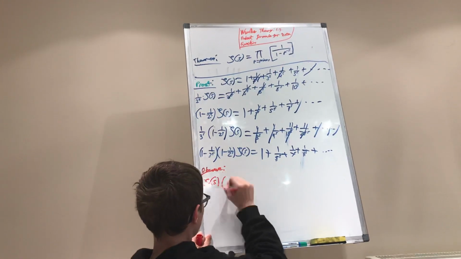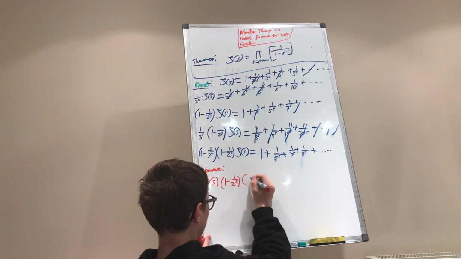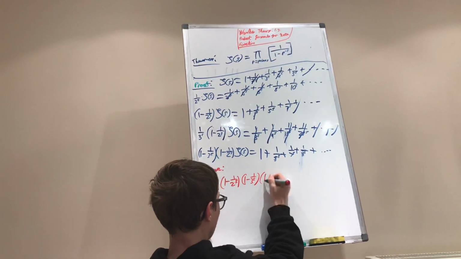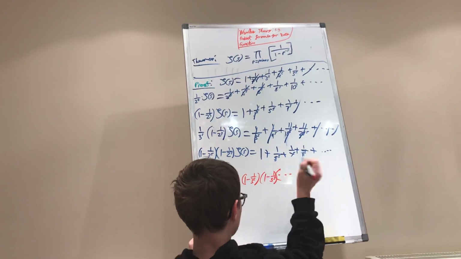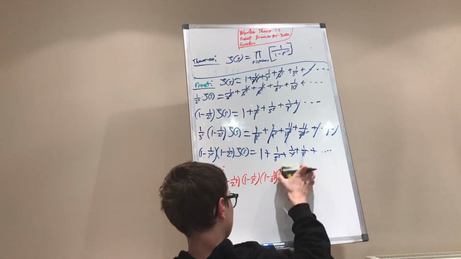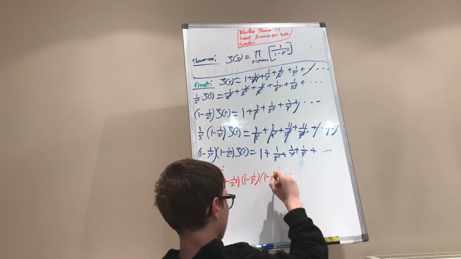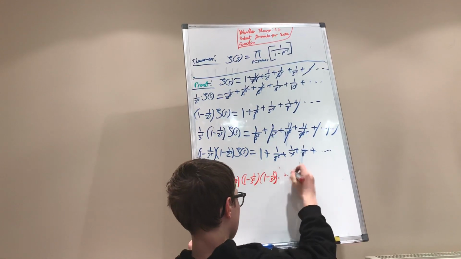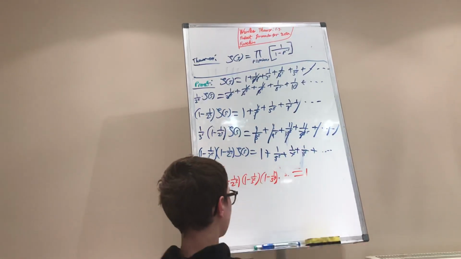Zeta of s times 1 minus 1 over 2 to the s times 1 minus 1 over 3 to the s times 1 minus 1 over 5 to the s times... equals, and all that will be left over is just this 1.